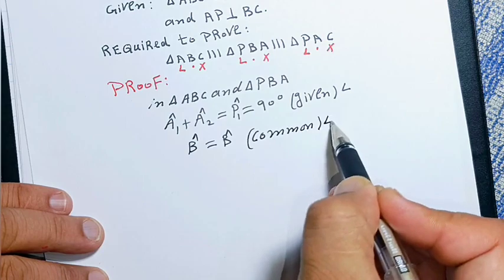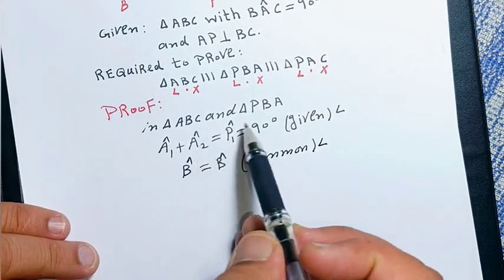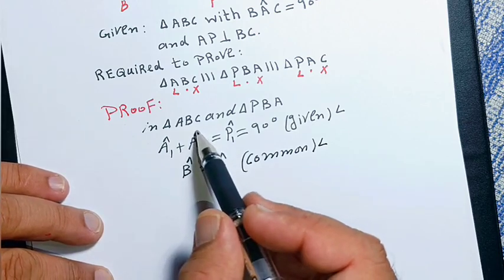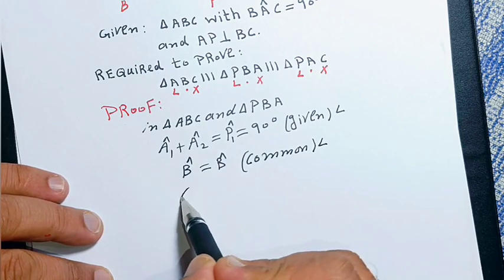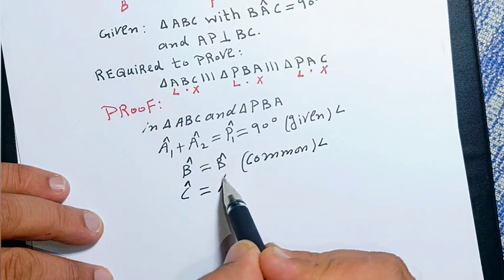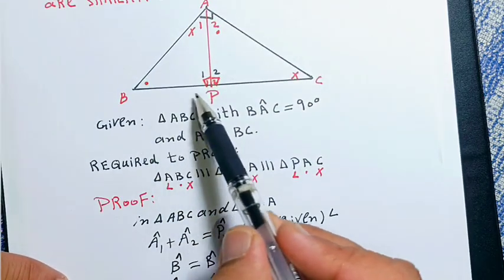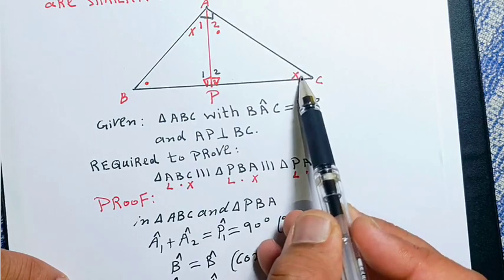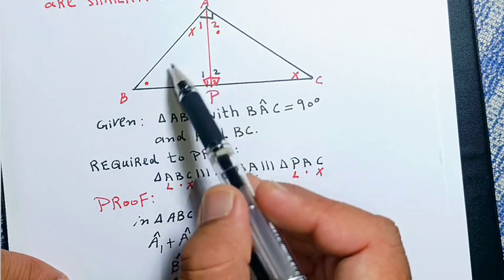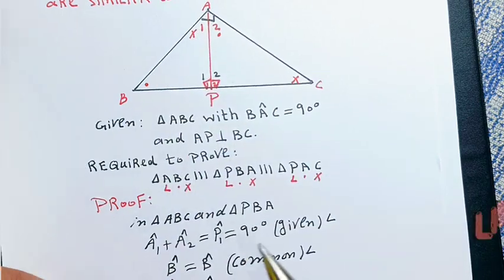This is my second angle, and the last one I don't even need to prove, because it becomes the third angle of the triangle. Angle C is equal to angle A1. This angle C, this one, is equal to A1. This is the third angle of triangle PBA.